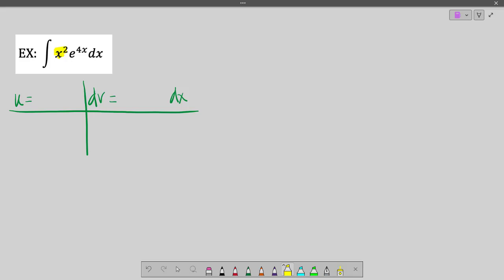uv, how is that a 3 and not a 4? Oh, and then your 2 ended up in the denominator here. So that should be a 4 right in the denominator. And then over here, it's the integral of v du. You're multiplying these two, so that becomes, oh, I see.